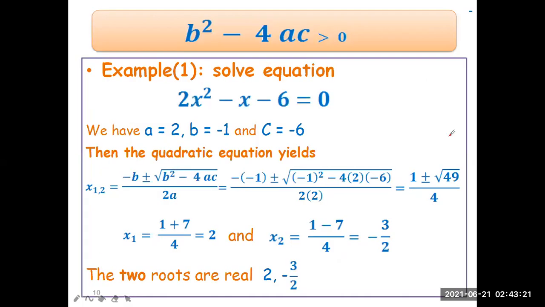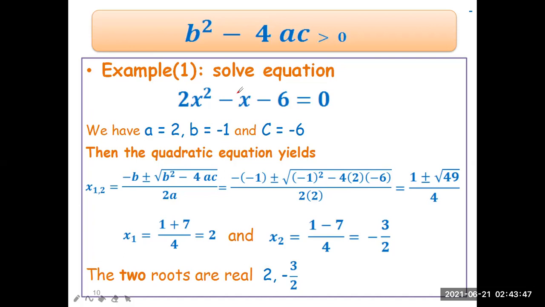Let's check the first case, b squared minus 4ac greater than 0. For example, we have the equation 2x squared minus x minus 6 equals 0. Remember to put the sign, not only the value of the constant, because ax squared means a is 2.